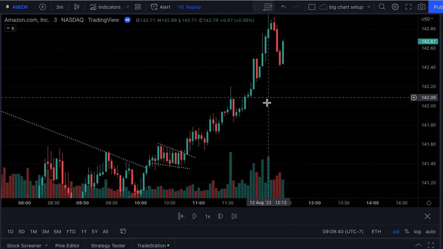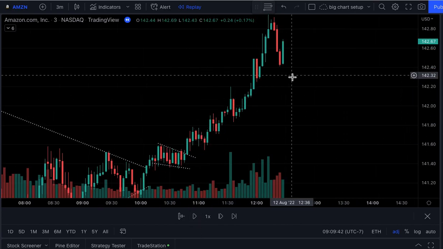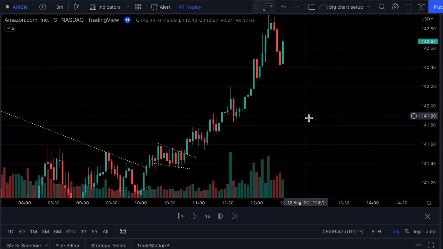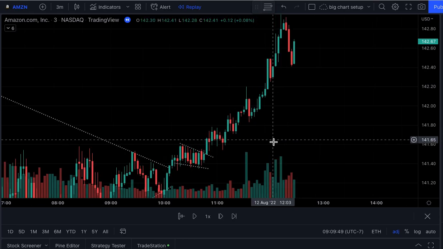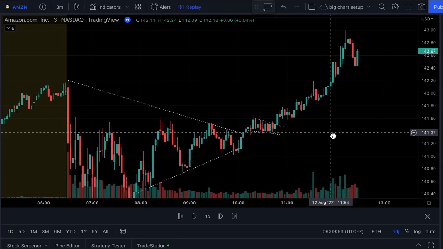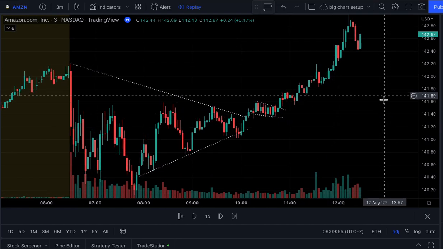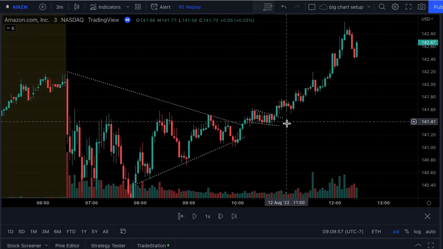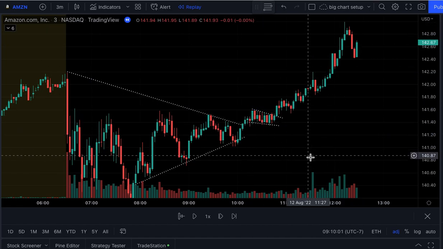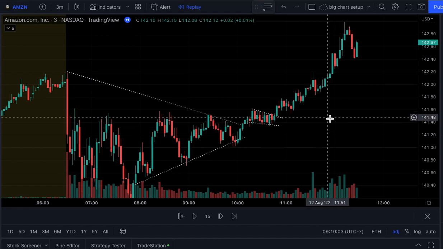Also want to keep in mind market conditions. SPY was moving up all day, but zooming out with a simplified chart without all these indicators, just using the price action and a couple patterns, you can see that this was a nice trade on Amazon. You can scale out however works for you.